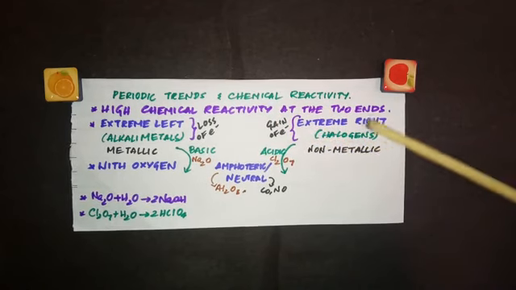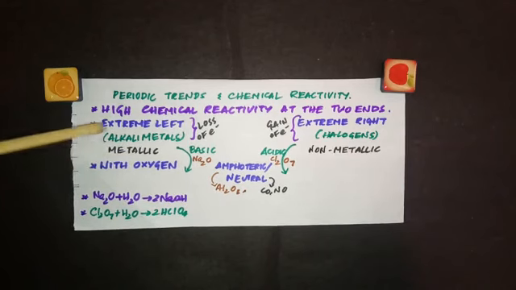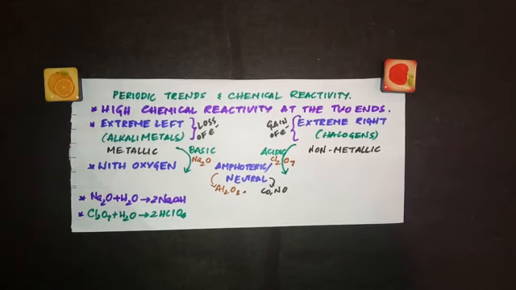And we have non-metals at this extreme right, and we have metals on the extreme left. You can understand the chemical reactivity of an element by its reactions with oxygen and halogens, especially oxygen. So now let's see how these elements react with oxygen to understand their chemical reactivity.